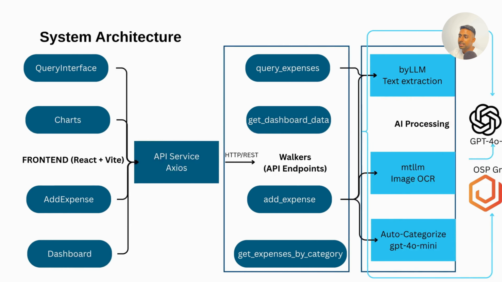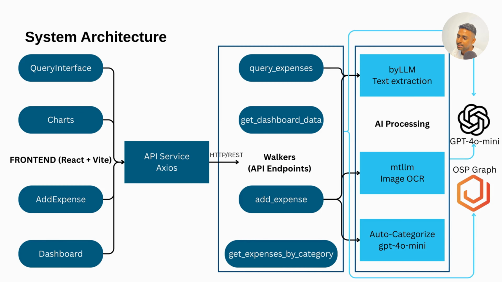And then let's discuss our architecture. This is basically how the system will be designed, right? We have the front end, the query interface, where we can visualize our charts, add expenses, and so on. And then through an API service, we will be utilizing our walkers to do several tasks, like I mentioned before. And in the AI processing box, that is where we are extracting text, reading images, and doing auto categorization as well, which is another setting we can enable.